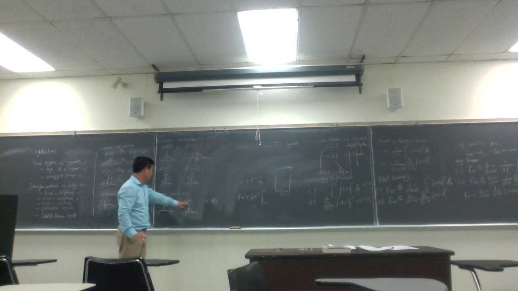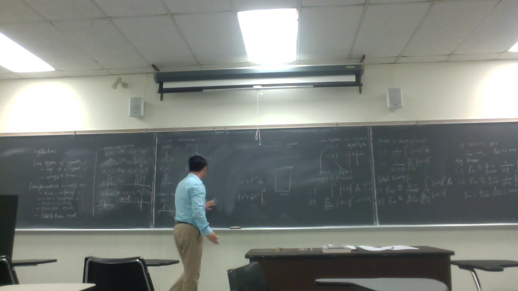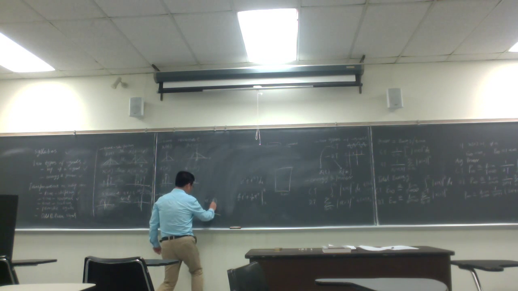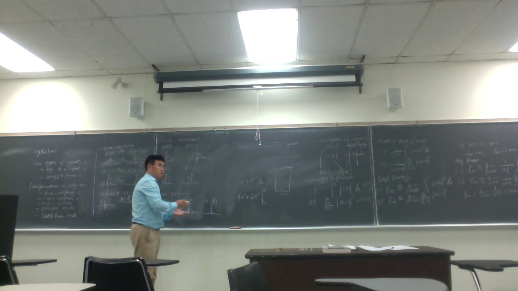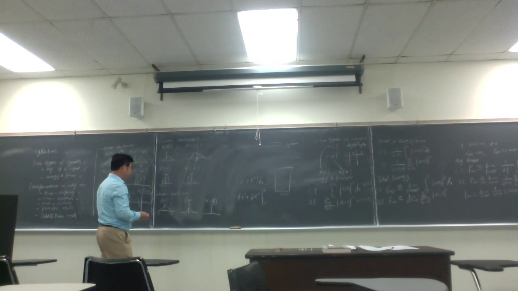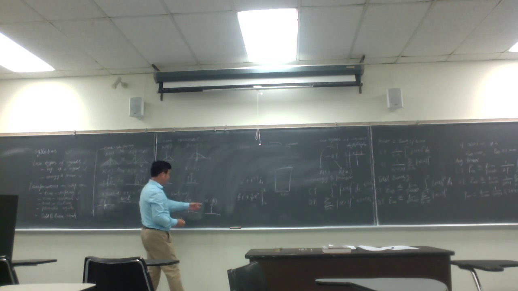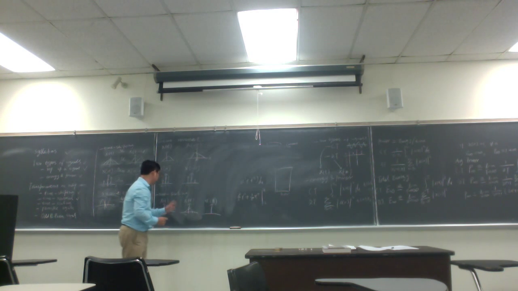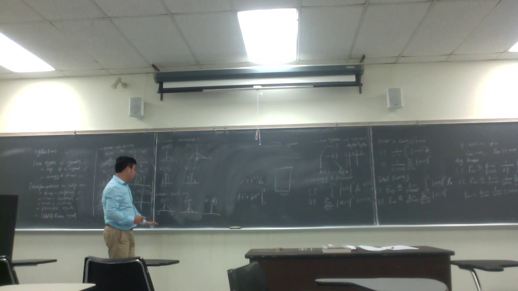So that is when the scale is greater than 1. Now what if we have a scale less than 1? Let's see. When t equals 0, we still have the same value here. So this is a fixed point.